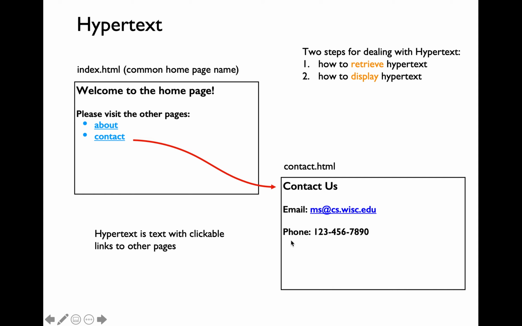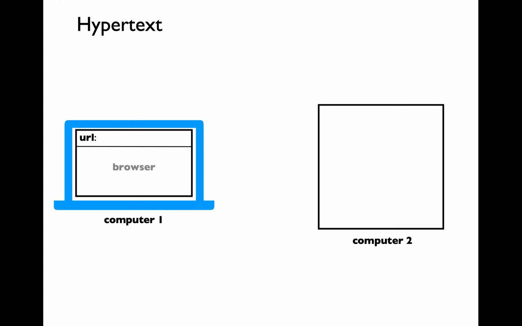Whenever you try to access a particular website on your laptop, a couple of steps need to happen in order to successfully access that particular website. Let me go over those steps for you. Let's say that you have your favorite browser open on your laptop and you're trying to access a specific URL.